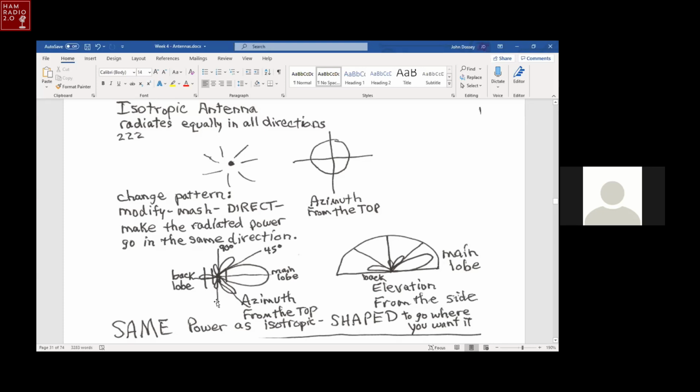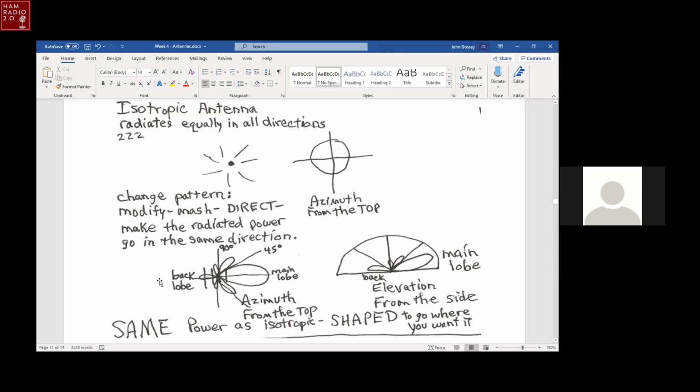If you added up all the power going off in every direction from this Yagi antenna, it's the same power as what was radiated from the isotropic antenna. The only thing you've done is shape it to where you want it to go. You squish it, you squirt it, you make the power go in specific directions. But if you added up all the power that's leaving this antenna, it's the same power as what left this isotropic antenna.